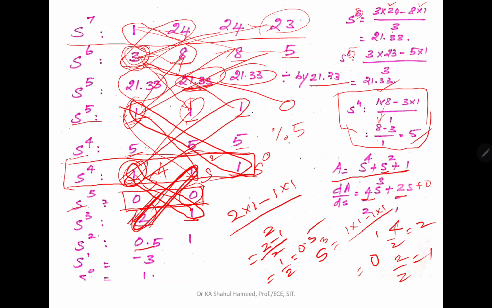Similarly, 2 into 1 minus 1 into 0, divided by 2, that is 2 by 2, is equal to 1. So this is the value 1.